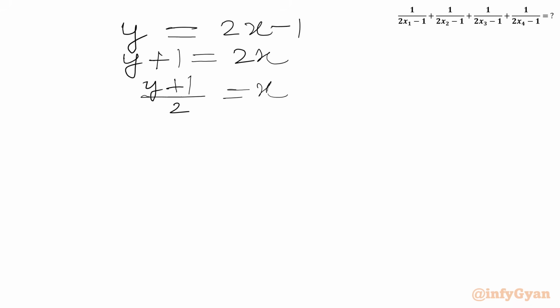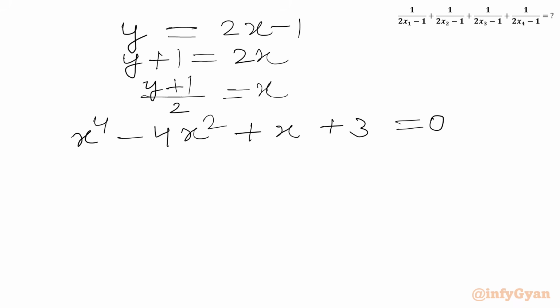Now we have the quartic known. Let me write here x power 4 minus 4x square plus x plus 3 equal to 0. Now we are going to plug in x equal to y plus 1 over 2 in our quartic equation.